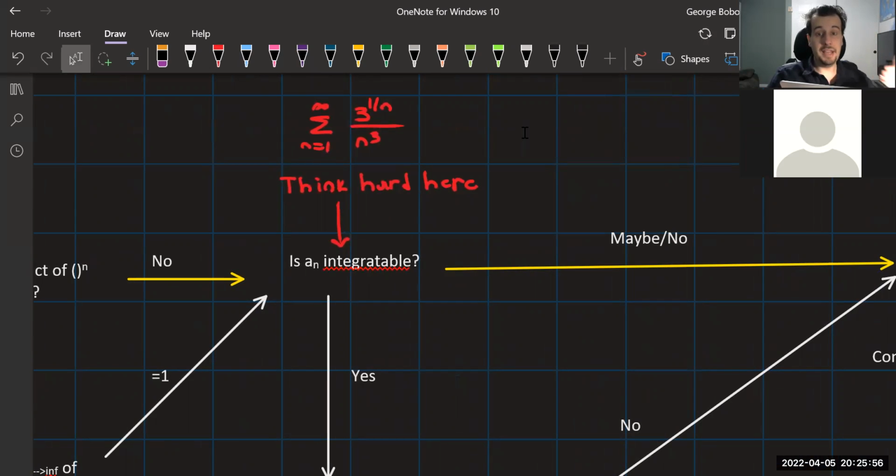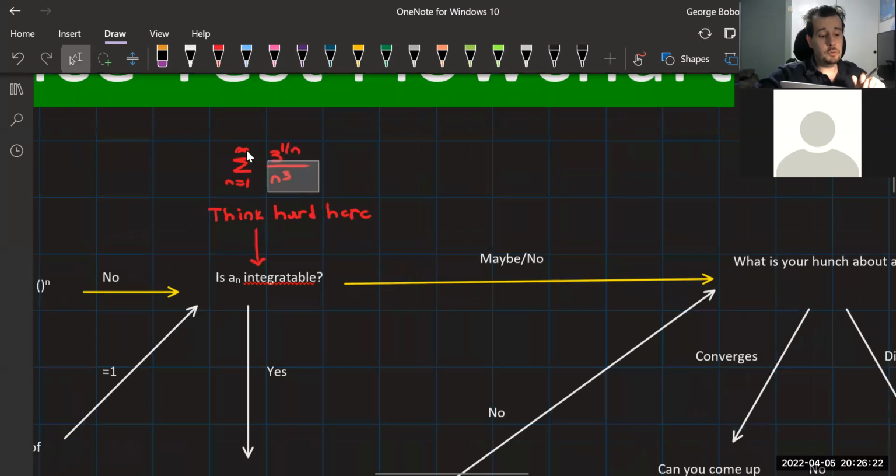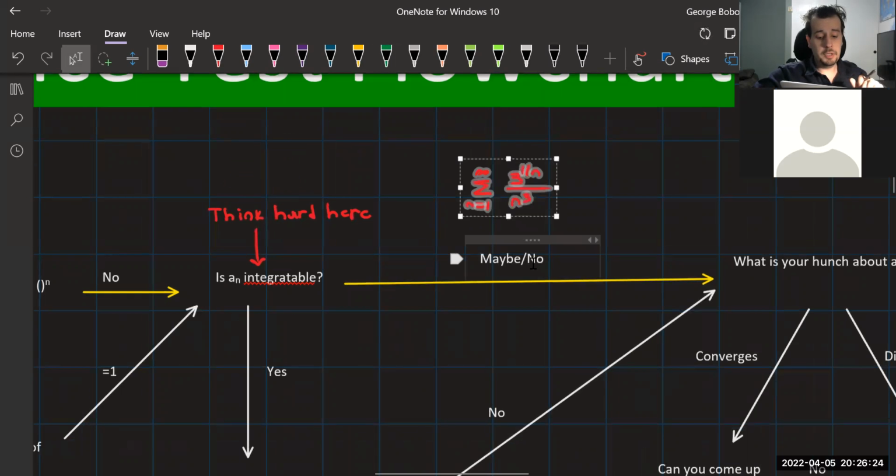If you plug in 1 over n as the u sub right now, you're going to get 1 over n squared from the derivative. So you're going to be left with 1 residual power of n in the denominator that you will have to replace in terms of u. It will get messy, okay? U sub might not work. So it's another one of those cases where you might have to do integration by parts and pray that it works out. So maybe, and I would say probably not.